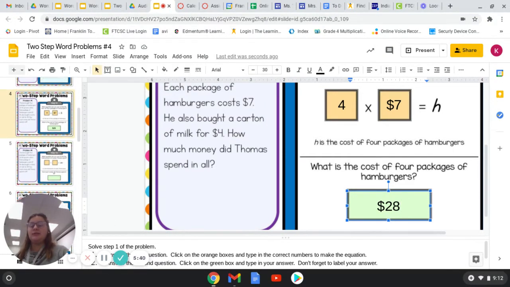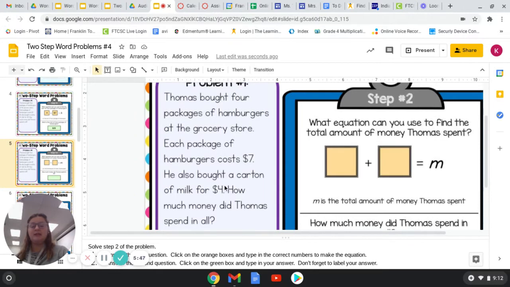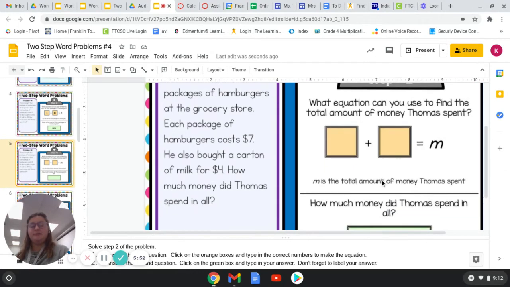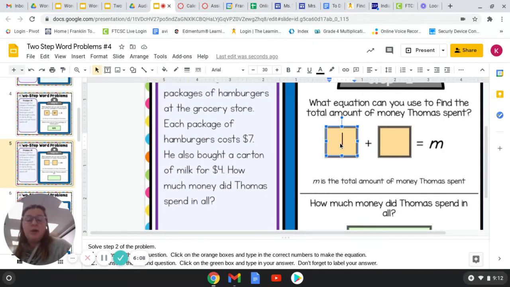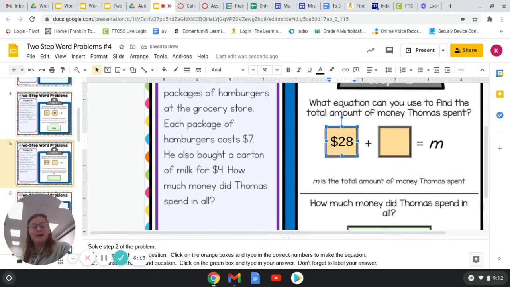Now I'm going to go on to step number 2, which is the next slide. Again, my problem hasn't changed, but my equation over here is going to. It wants to know, what equation can you use to find the total amount of money that Thomas spent? I know that my hamburgers cost $28, and I know that because I figured it out on my last slide.